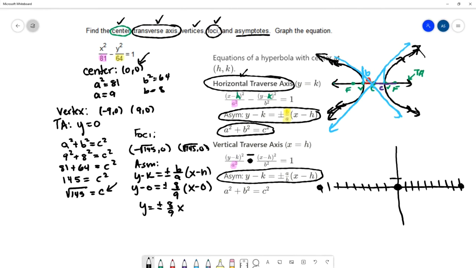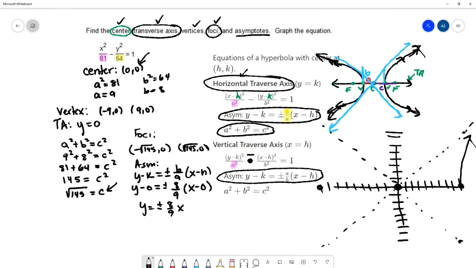I'm going to count up by 8. That's going to help me to mark out where the asymptotes are. I'll go down by 8. That's the value of b. And this guides me to draw the hyperbolas following those asymptotes.